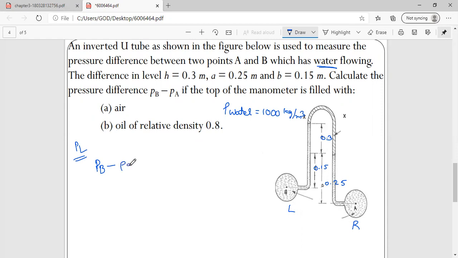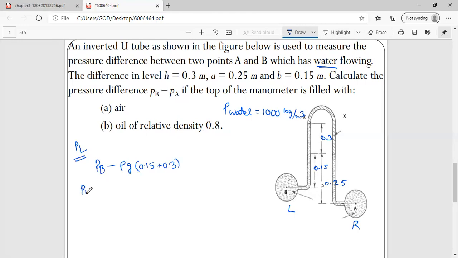Minus rho g into H. H is how much? 0.15. Water is flowing up to here, as well as up to here also, so the total height is water only. You can observe, because the same color is mentioned. So I can write directly 0.15 plus 0.3 as the pressure in the left limb.